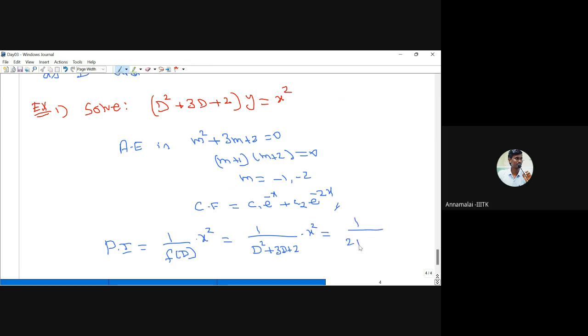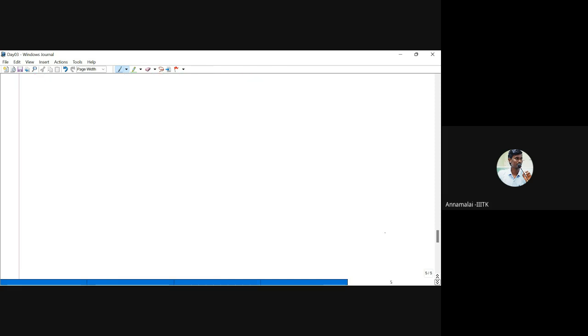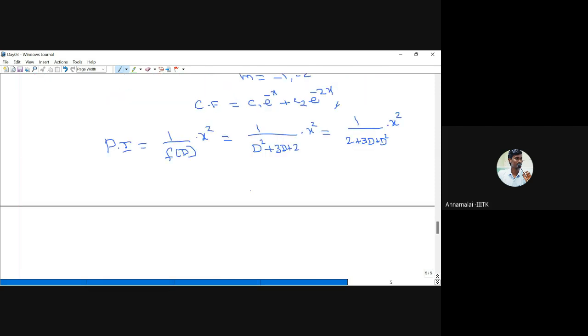First I write 2 plus 3D plus D square into x square. Now we can take 2 outside from the denominator. So this is equal to 1 by, if you take 2 outside, we get 1 plus something. The something is 3D plus D square whole divided by 2, into x square. Now you take this term to the numerator, we get the minus 1 power.